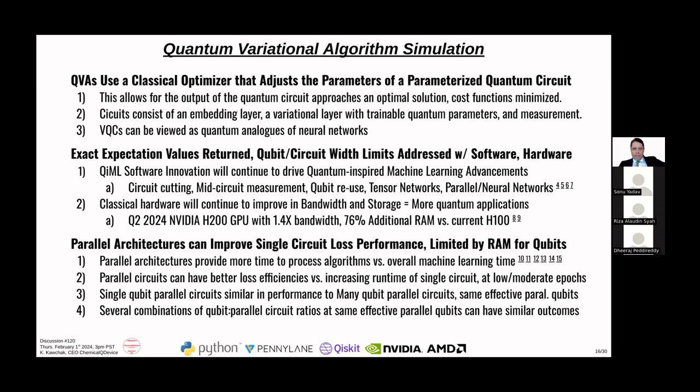You can also do simulated annealing, which is gateless as well. They can be viewed as quantum analogs. So when I do parallel quantum circuits, if you have two quantum circuits in parallel, it's inside like a torch neural network, but the circuits themselves can become quite complex, a different way of processing data than conventional methods.